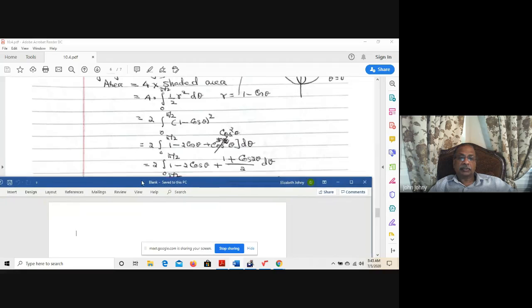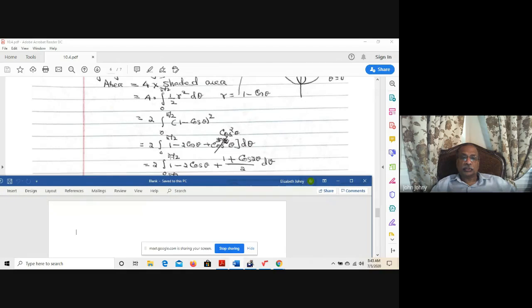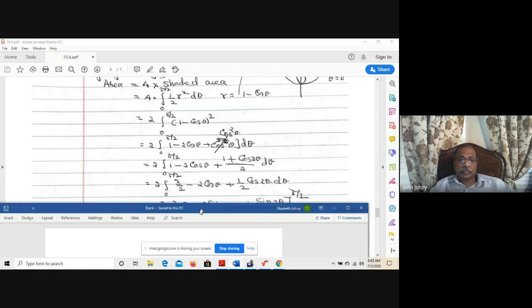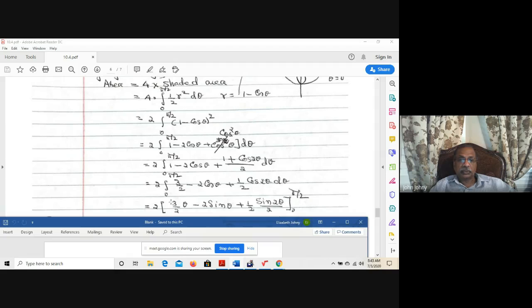That is 2 times the integral 0 to pi over 2, 1 minus 2 cos theta plus 1 plus cos 2 theta over 2. There is a 1/2 here. So 1 plus 1/2 is 3/2. So it becomes 2 times the integral 0 to pi over 2, 3/2 minus 2 cos theta plus 1/2 cos 2 theta.